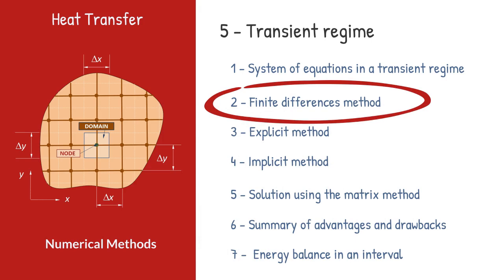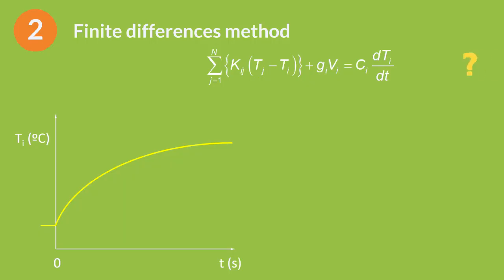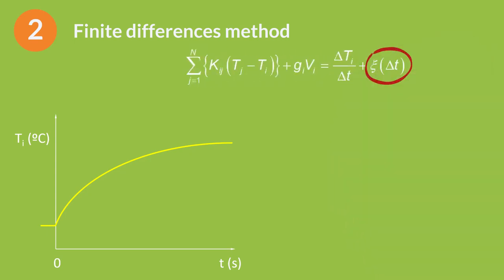Finite differences method. For the resolution of the energy balance in each node in the transient regime, we will use the finite differences method, which consists in approximating the derivative by a difference. In this approximation, there is an error that is proportional to the time interval. The derivative can be approximated in different ways.